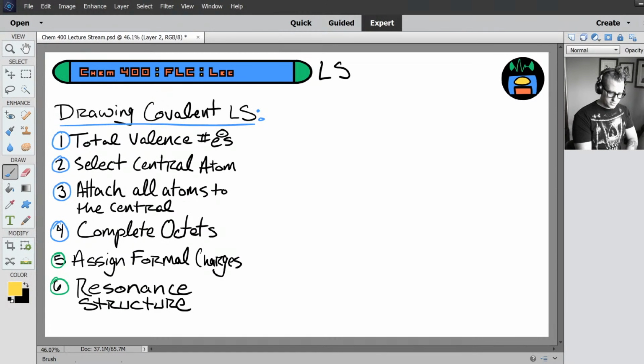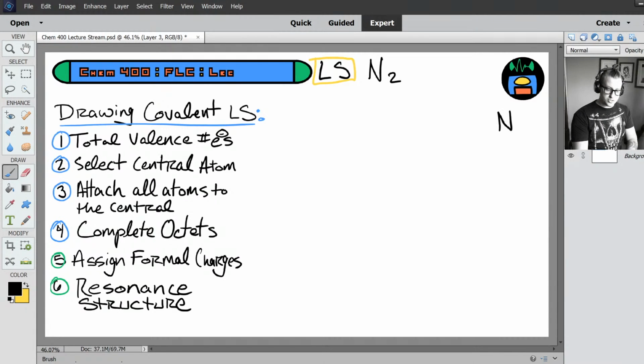Let's go ahead and start with drawing some Lewis structures. I'm going to lead off with nitrogen gas, N2. Step number 1 is we need to know our total number of valence electrons.